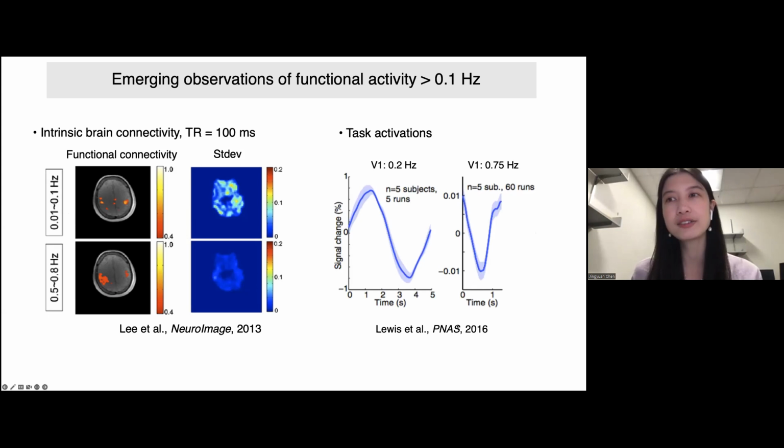People also characterized it using oscillatory visual stimuli and characterized the response. In the primary visual cortex, even up to 0.75 hertz, you can still see a clear, significant fMRI response, although the magnitude is much lower compared to lower frequencies. That's a little bit contradictory to the conventional notion that the hemodynamic response is quite slow.